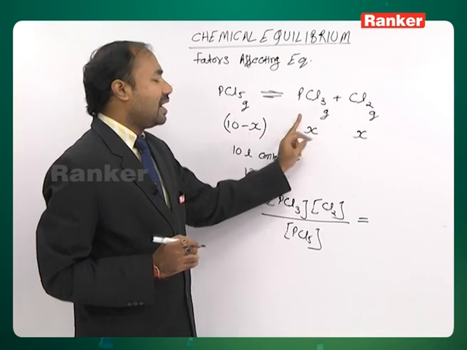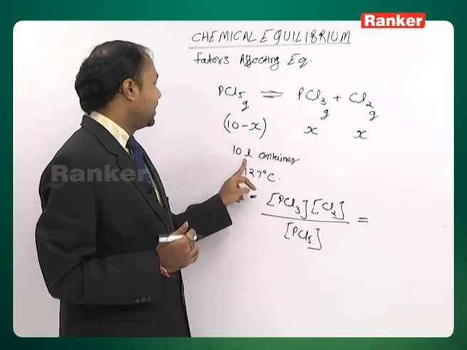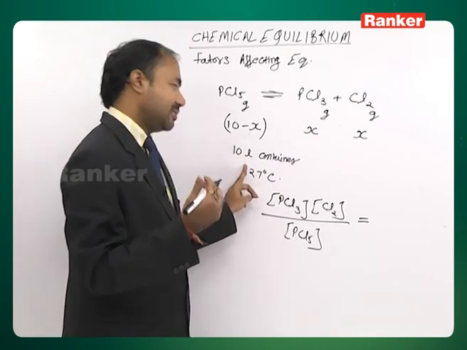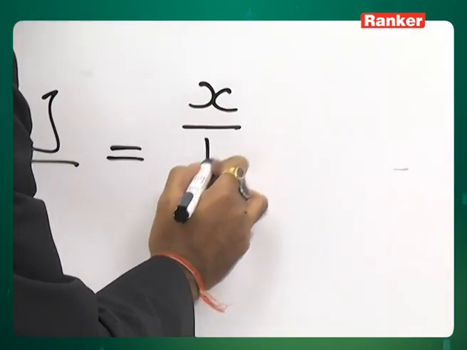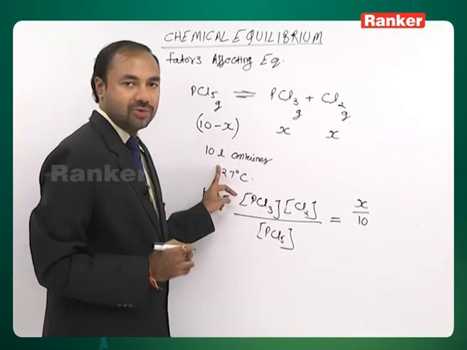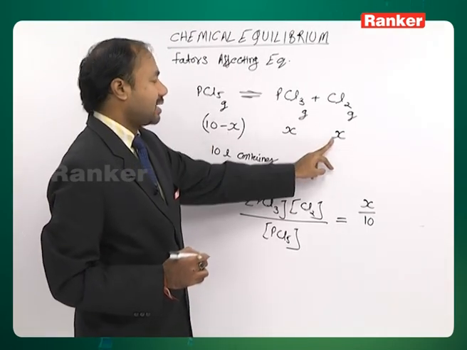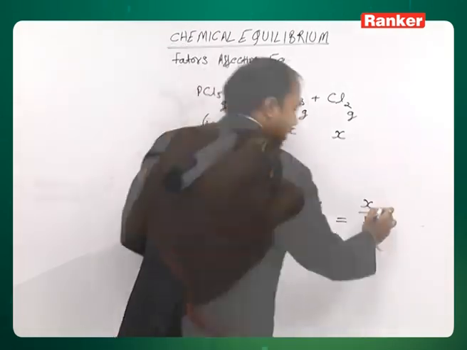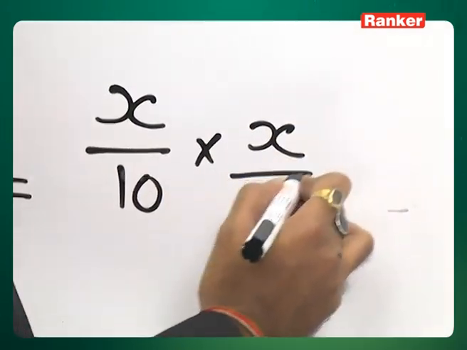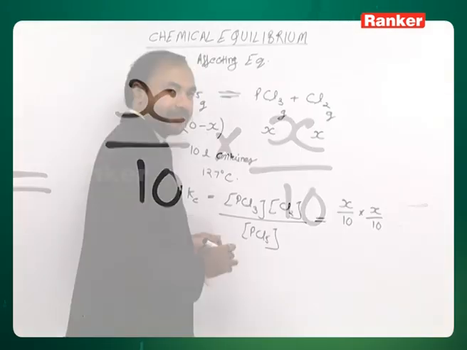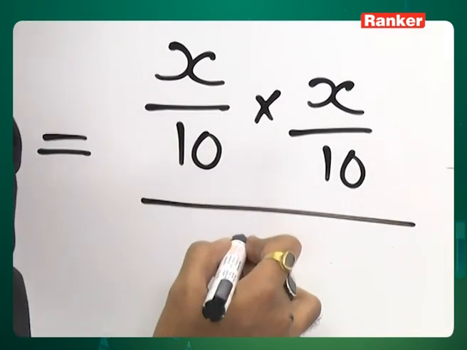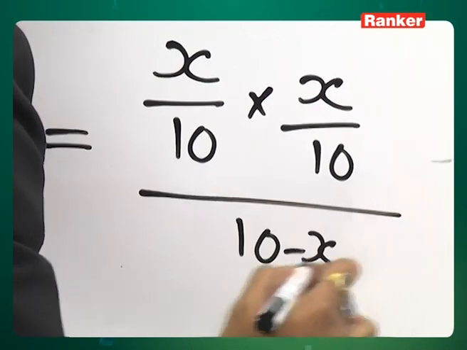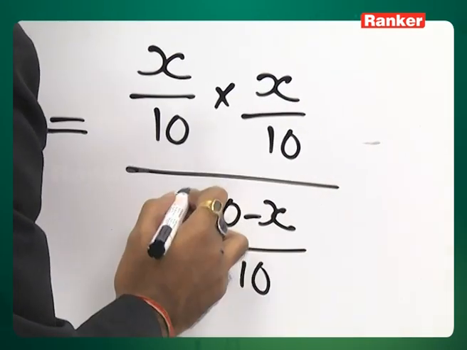Moles of PCl3 are X, which are present in a 10 liter container. We substitute it, so we get here the concentration of PCl3 as X by 10. Understood? Similarly, we put the concentration of Cl2 again as X by 10 in this case, upon the concentration of PCl5, which will be (10 minus X) by 10.